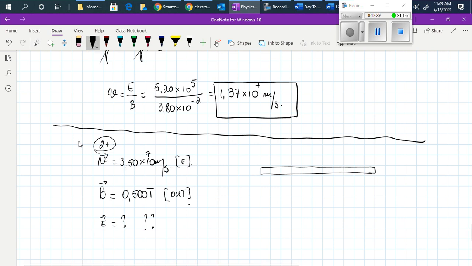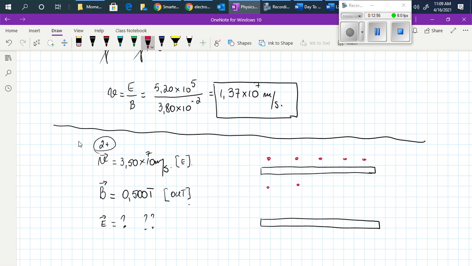So we have two parallel plates, and then we have a magnetic field that is out of the page.